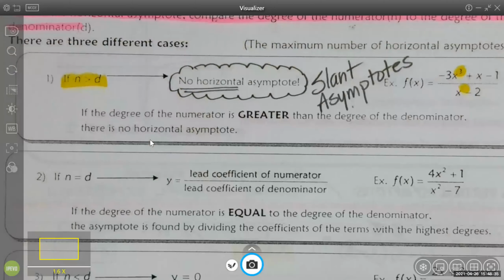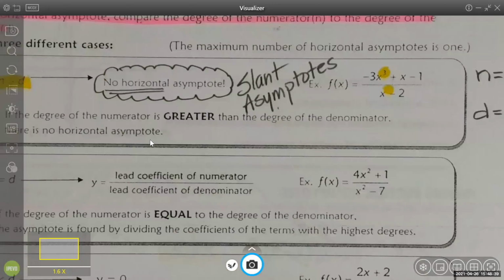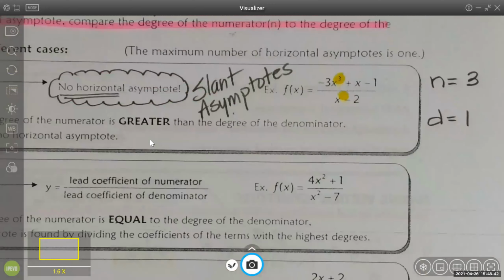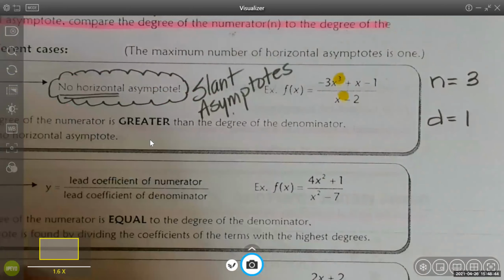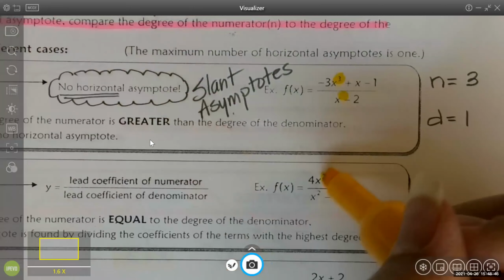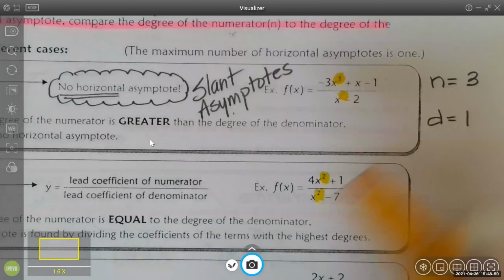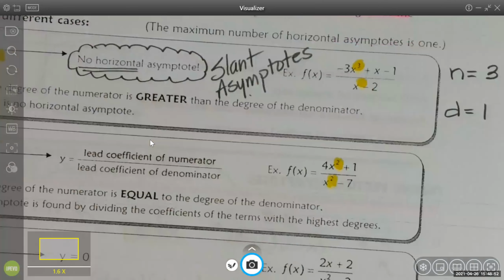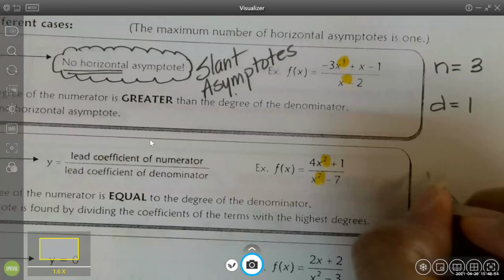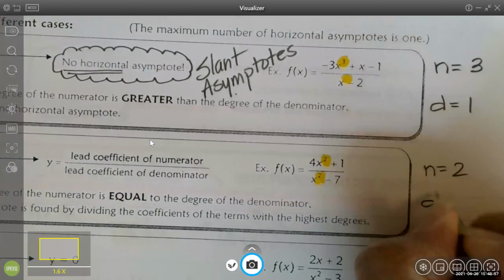Now, what if those two values end up being the same as in this next example? So notice our numerator degree here is a 2, and the denominator degree is a 2, okay? So let's write that here at the side. Our n and our d are both equal to 2.